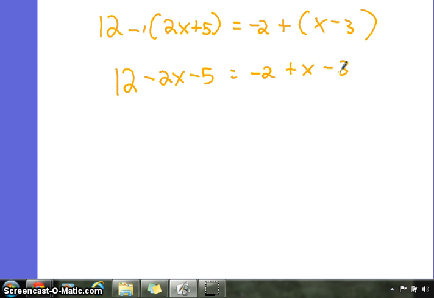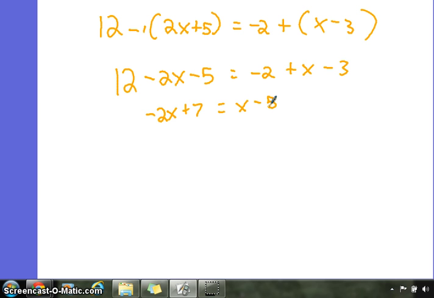I eliminate the parentheses. They're gone. Combine like terms. Negative 2x over here, and 12 minus 5 is 7, so plus 7 equals x, and then minus 5, because if I add negative 2 and negative 3, I get that.